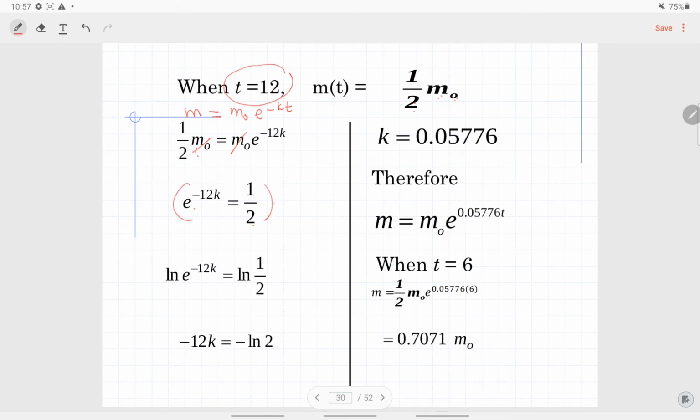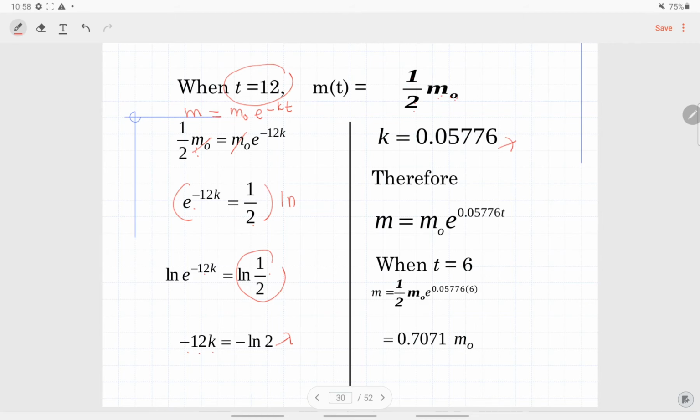Okay, we take ln of the right hand side and the left hand side, and we get negative 12k equals negative ln 2. Then we solve this, we get k equal to this.